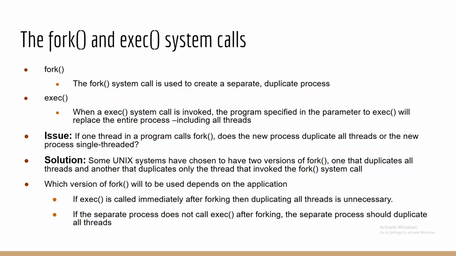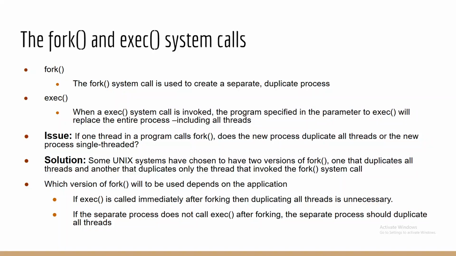It actually depends. Some Unix systems have chosen to provide two versions of fork to handle both scenarios. The choice of which one to use depends on what the new process is going to do. If the new process is going to immediately call the exec function, which replaces the entire process with a new program, then there is no need to duplicate all the threads.